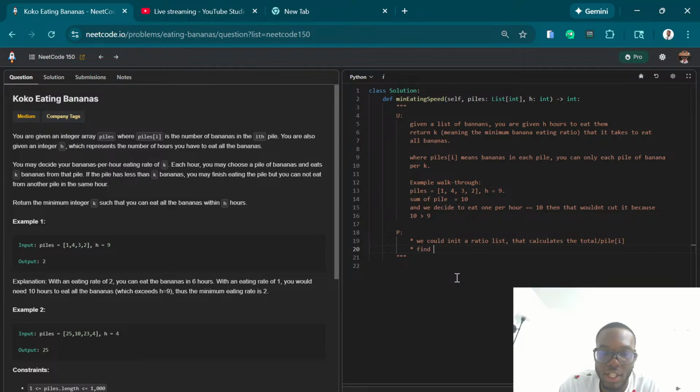But yeah, find the index of the smallest ratio, return the file corresponding.